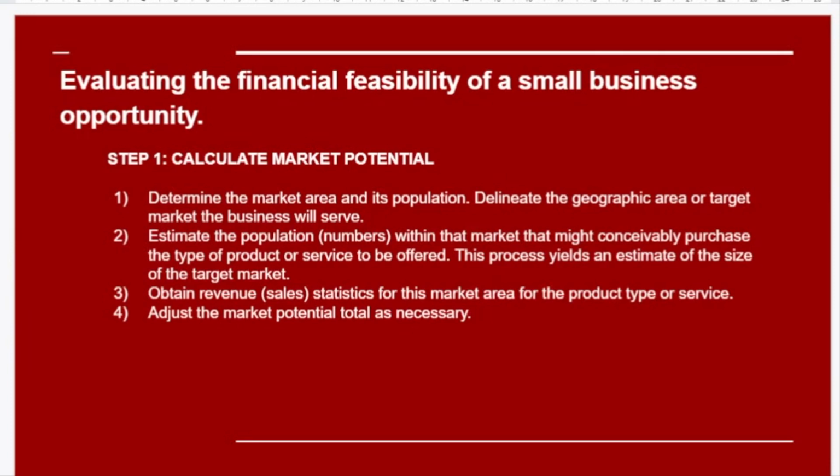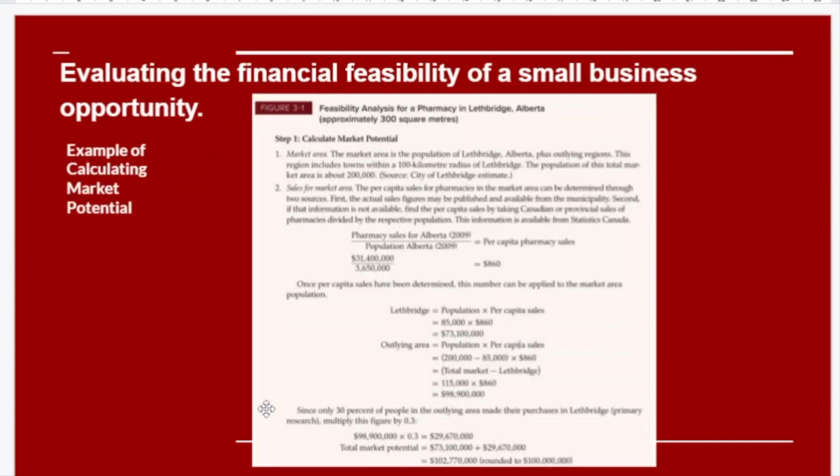So that would give you your market potential. We've seen here a little example, which they've made more complicated in the book than it needs to be. But effectively, we're looking at a pharmacy in Lethbridge, Alberta, and they're asking, what is our market potential?